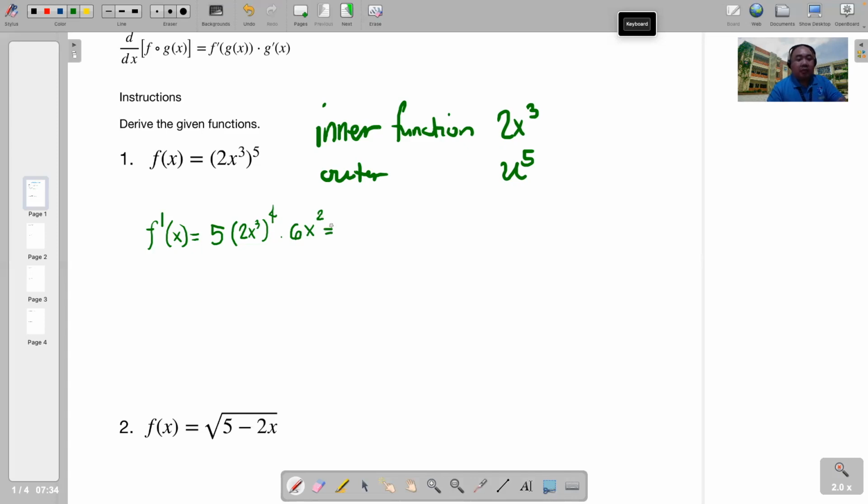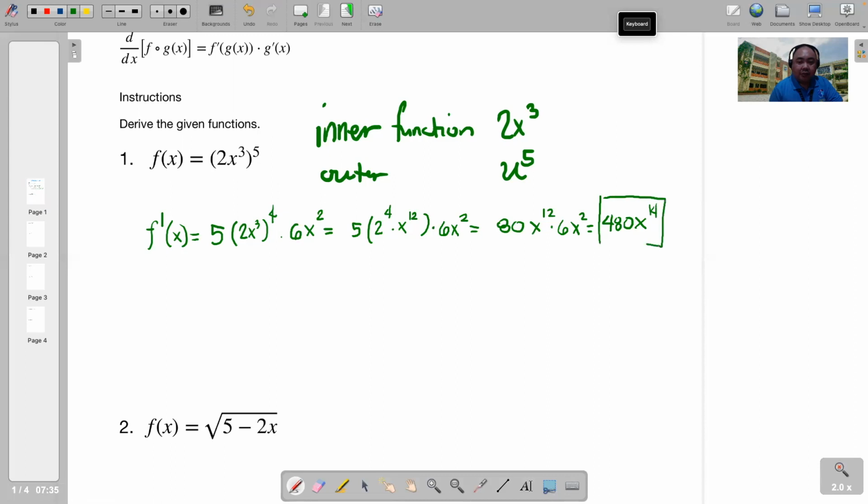Simplifying this will give you 5 times 2 to the 4th, x to the 12th, times 6x squared. Or further, this is 5 times 16, that's 80, x to the 12th times 6x squared. Or finally, that should be 480x to the 14th. That's according to the chain rule, right?